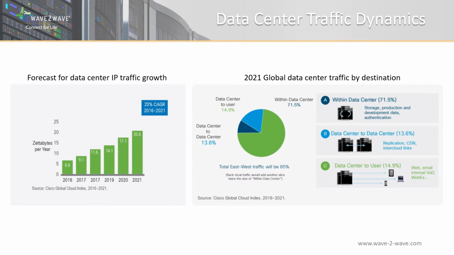Overall, east-west traffic, which is the sum of traffic within data centers and between data centers, will represent 85% of the total data center traffic by 2021. North-south traffic, which is traffic exiting the data center to the internet or WAN, will be about 15% of total traffic by 2021. Networks and data centers worldwide are growing to accommodate the digital economy.